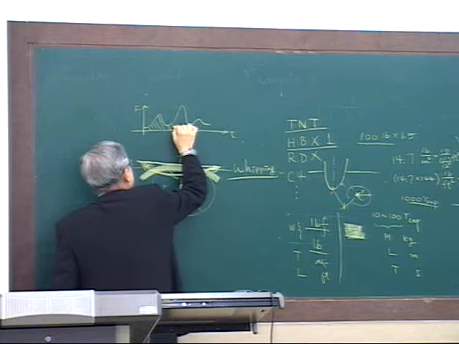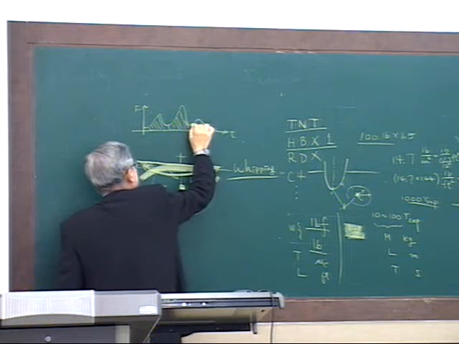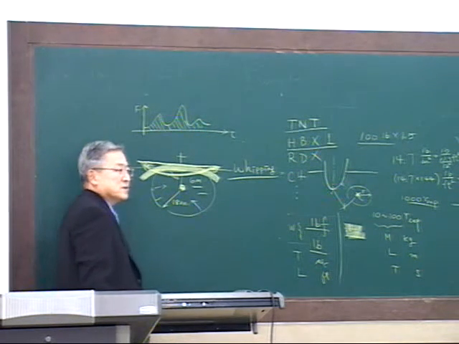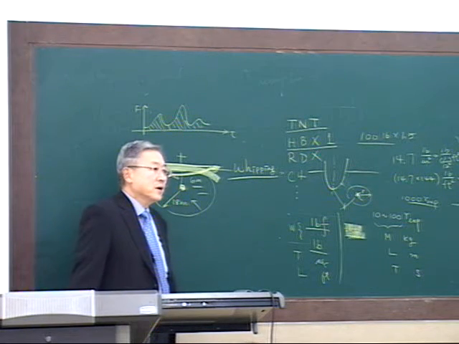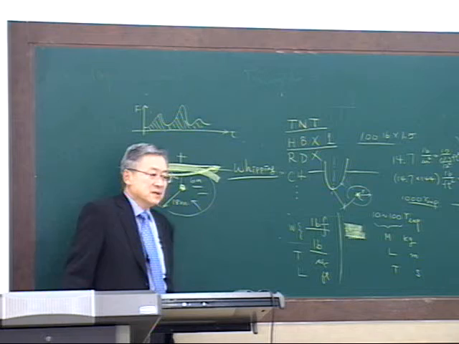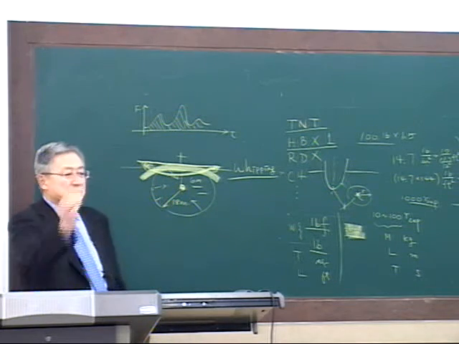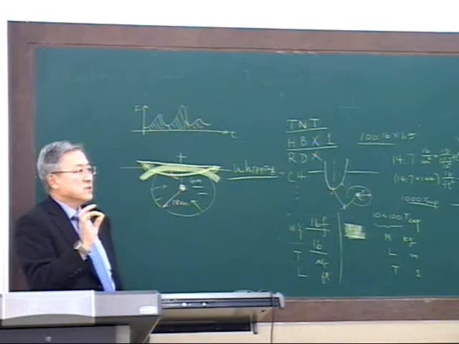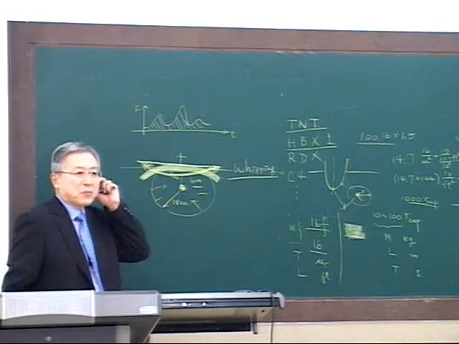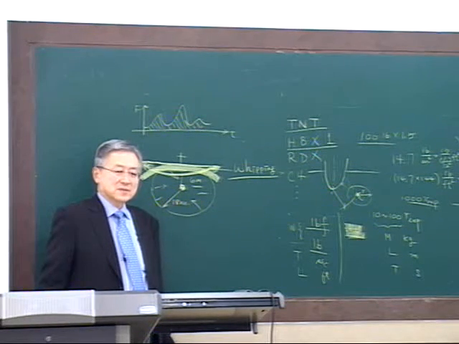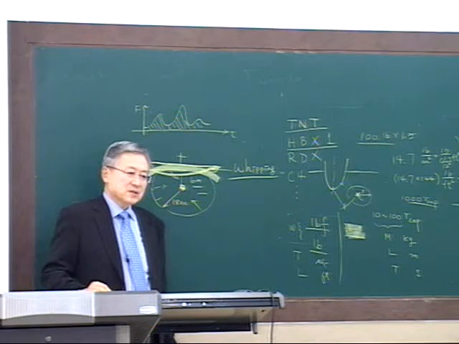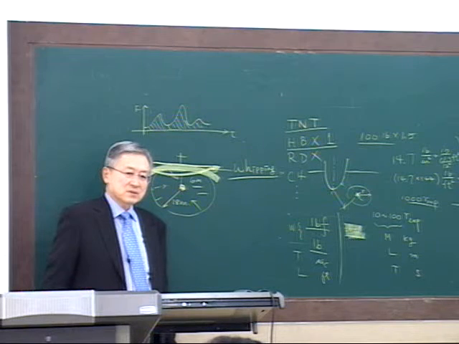Impulse is the area under the curve. What would be the unit? The unit is force multiplied by time. That's impulse. Impulse is a very important quantity, which is proportional to the damage of the system. You are dealing with impulse.